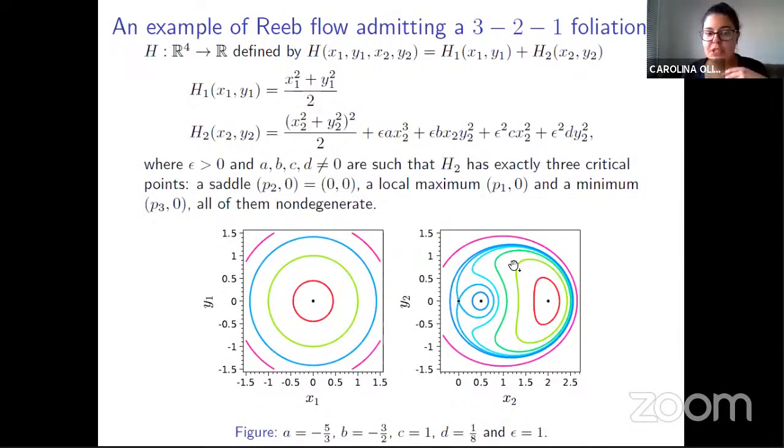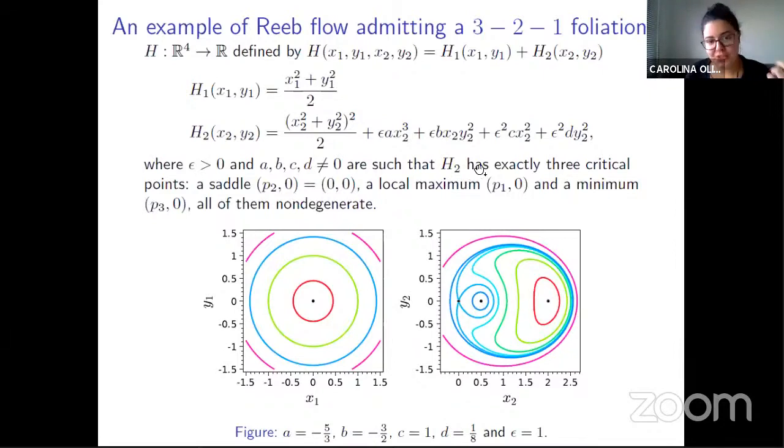So if we choose appropriate parameters, this function will look like this. We will have exactly 3 critical points. Here is a saddle point. Here we have a local maximum, and a minimum here.